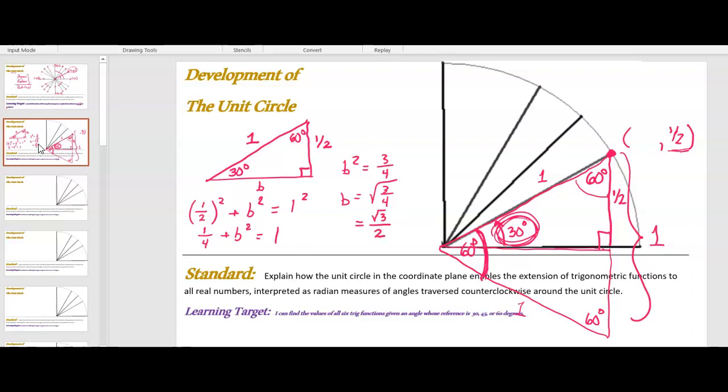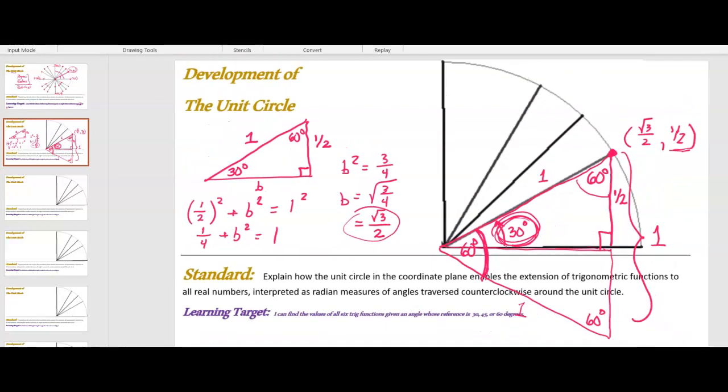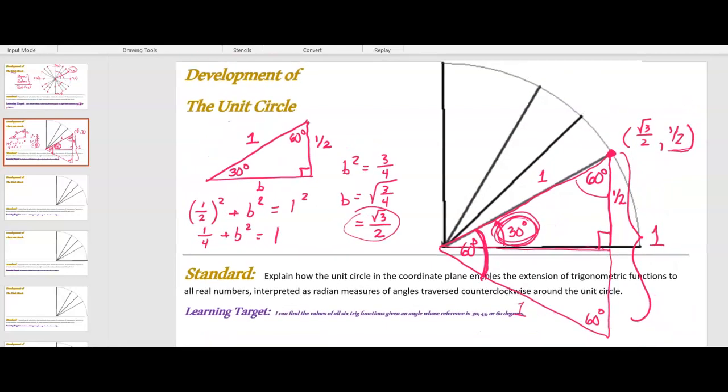So I know in a 30, 60, 90 right triangle that is embedded in a unit circle, the long side, the long leg, which we just found, is always root 3/2. And the short leg is always opposite 30, which is always 1/2.